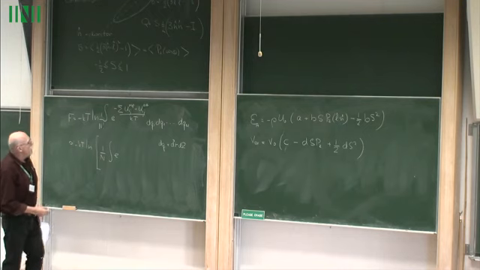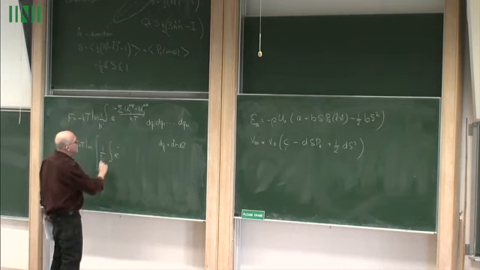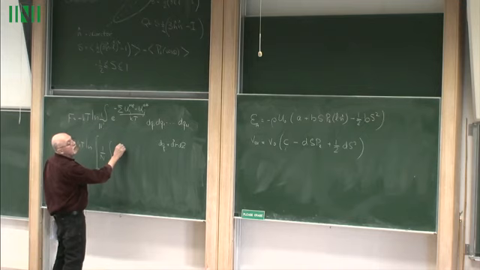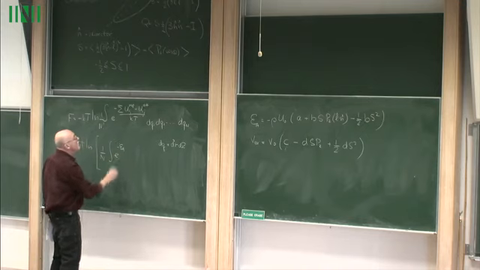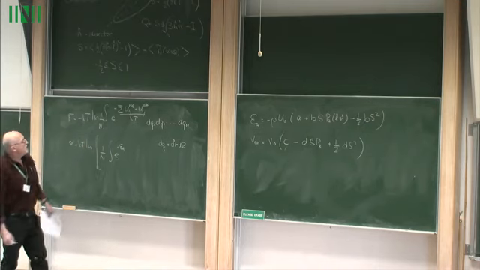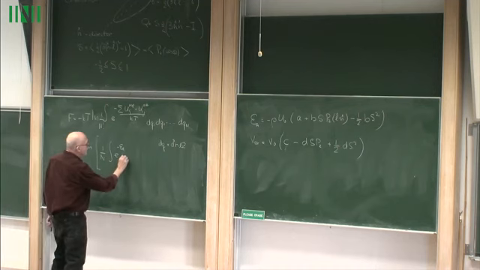Now the attractive part is easy enough, so I'll just write here minus E attractive. Okay, so that part is fine, but the other part is more difficult, so let me just leave it the way it is.